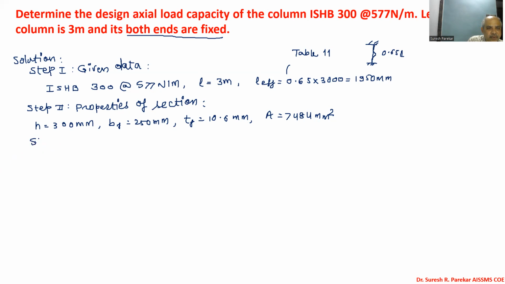Now we will go to step 3. Classification of section, and we have to go to table 2. In table 2 we have, that is on page number 18, and for rolled section we have B by TF.